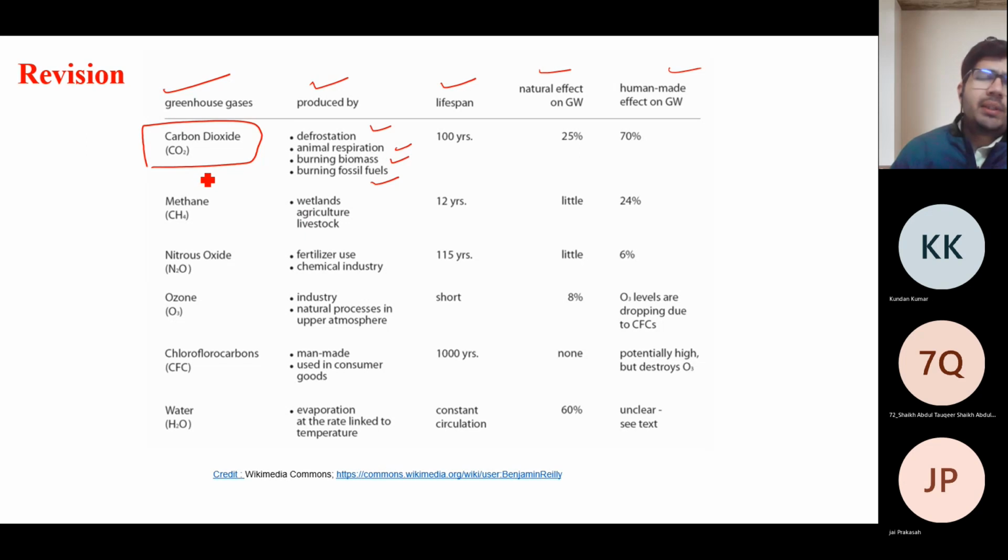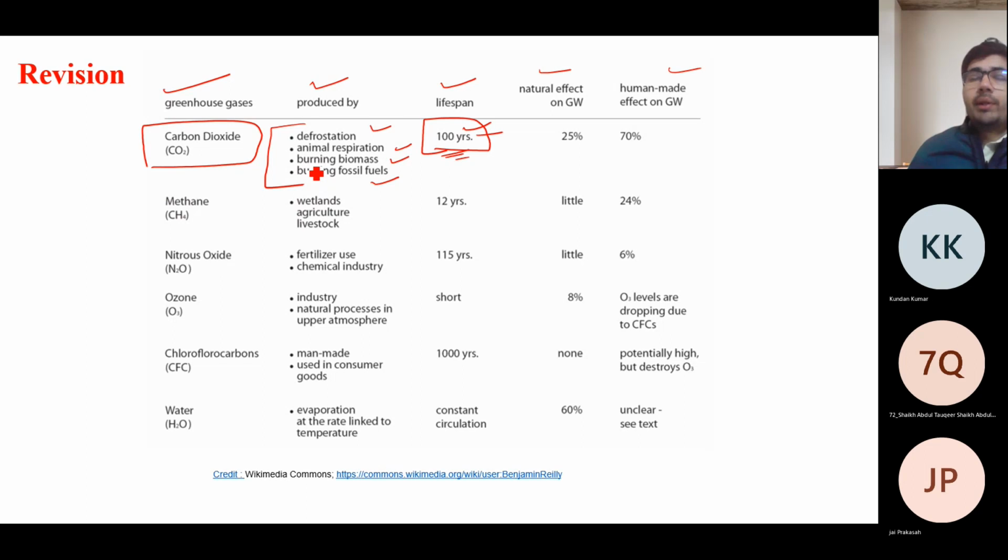These are the major reasons. Once a molecule is in the atmosphere, its lifespan is 100 years. Suppose you emit one molecule of CO2 today, it will remain in the atmosphere for 100 years. So this lifespan is very high, 100 years.